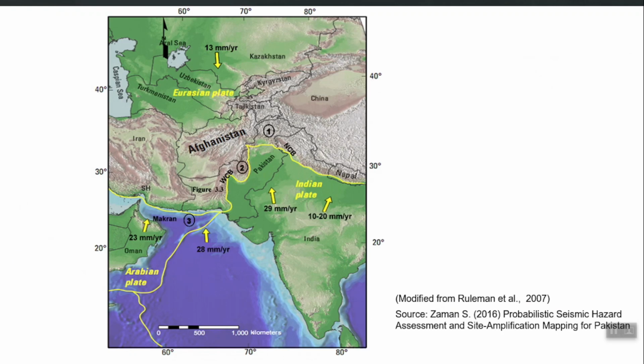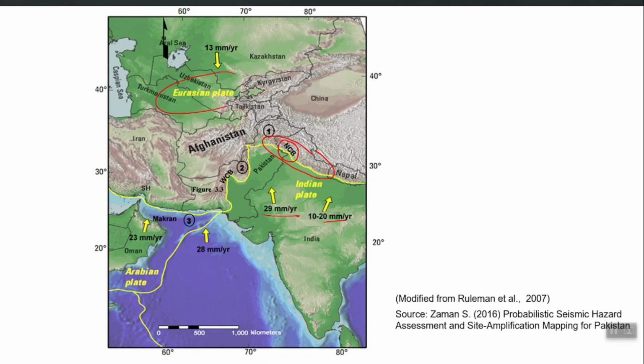This is our case. You can see that this is the plate movement, 2.9 centimeters per year in this direction, then 10 to 20 millimeters, which means 1 to 2 centimeters per year. Then this is again the movement direction. Towards the north we have the north collision boundary, NCB, which is a direct head-on collision with the Eurasian plate.